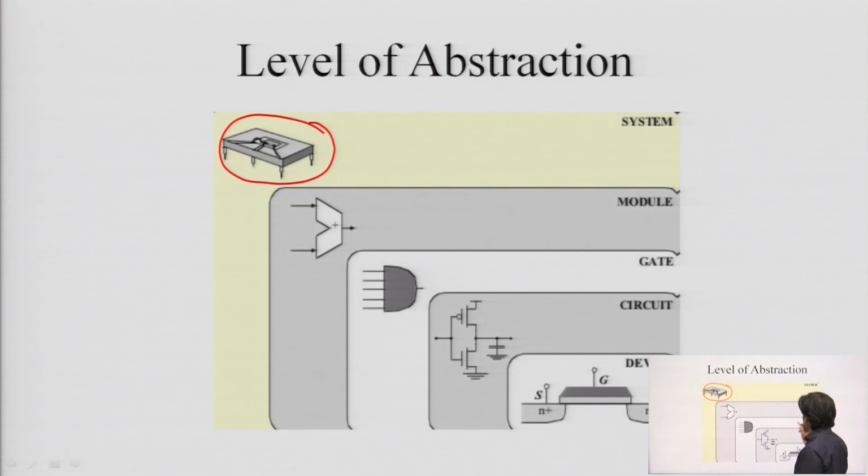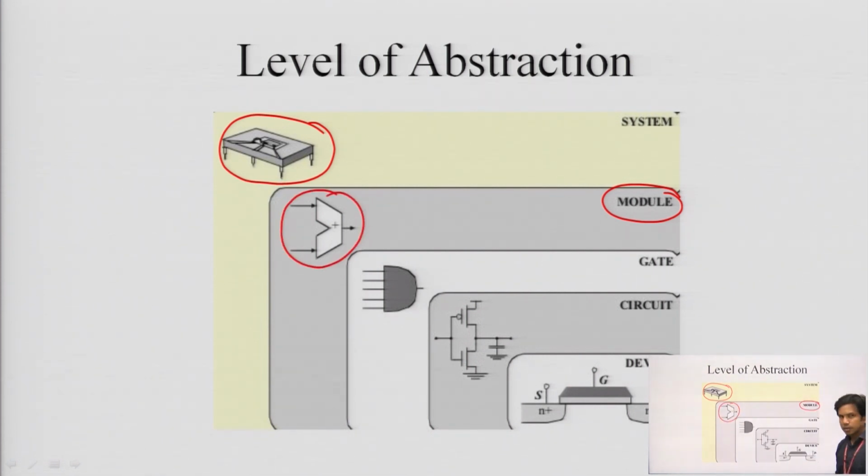In the second level we can see the module. This module can be embedded inside this integrated circuit. This module can contain multiplexer, demultiplexer, adder, subtractor, different kinds of modules inside your system.